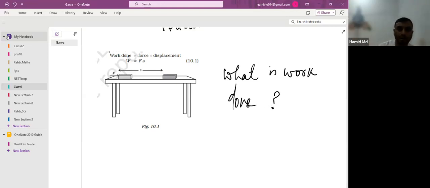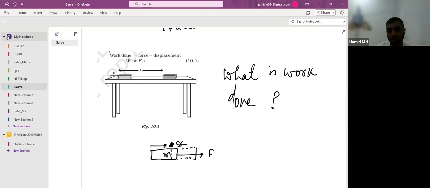If you apply a force on an object, suppose this is an object of mass m, and this object makes a displacement, say s, moving from here to here.